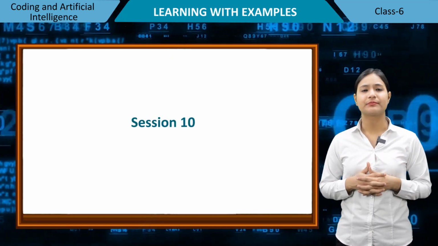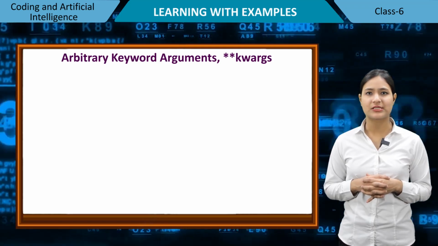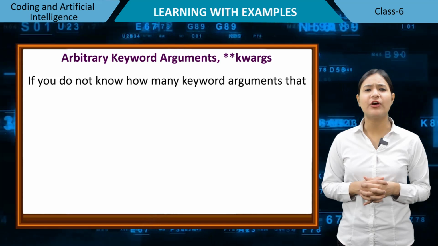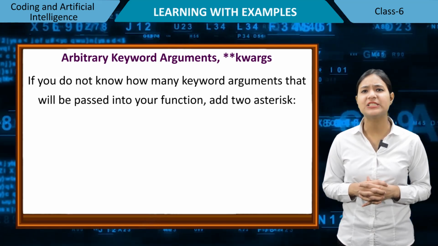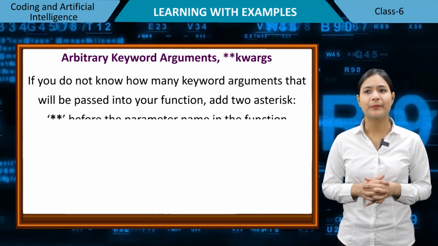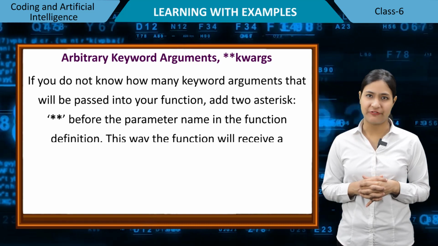Session 10. Arbitrary keyword arguments, **kwargs. If you do not know how many keyword arguments will be passed into your function, add 2 asterisks before the parameter name in the function definition.